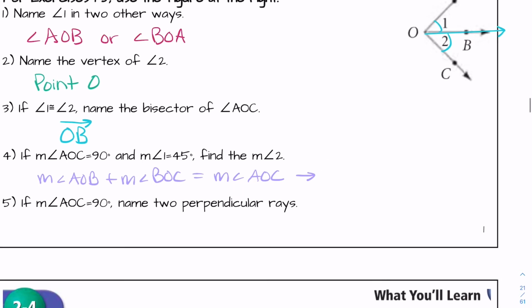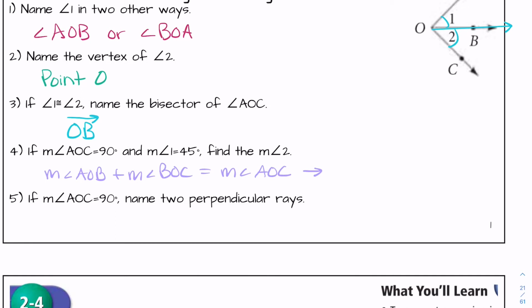So AOC being 90. I'm going to use substitution here. Measure of angle AOB is the same as the measure of angle 1, so 45 degrees plus the measure of angle 2, which is BOC, is equal to 90 degrees. So I'm using substitution. For the measure of angle 2, I'm putting that into BOC. The measure of angle 1, I'm putting in 45.